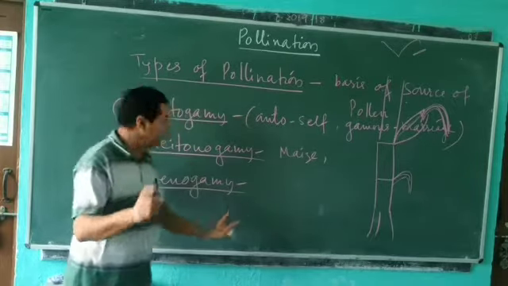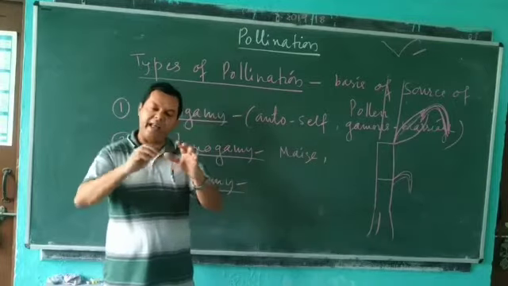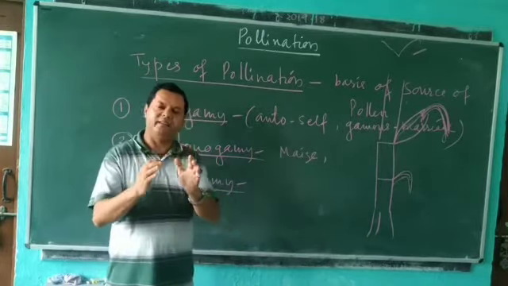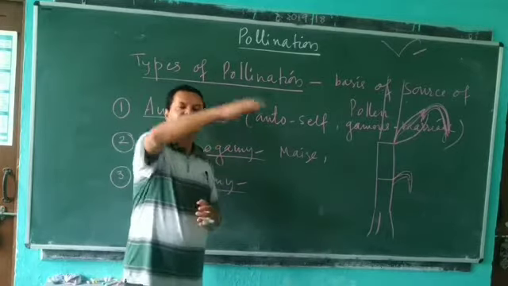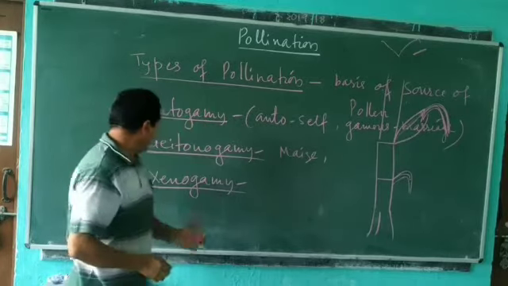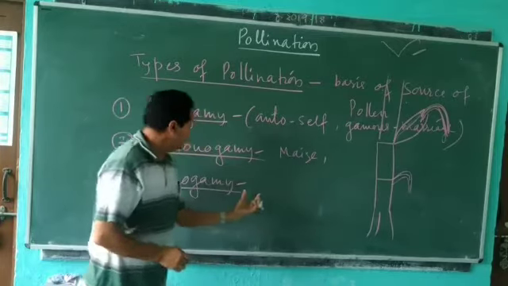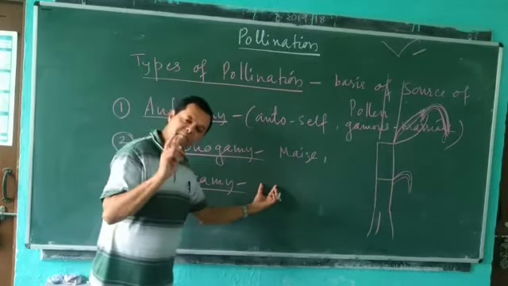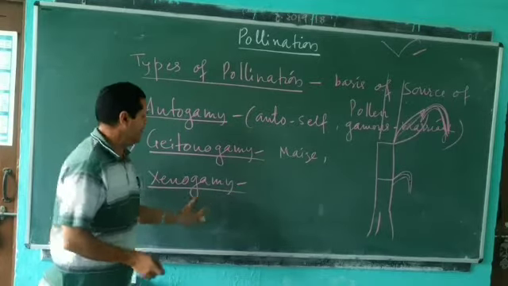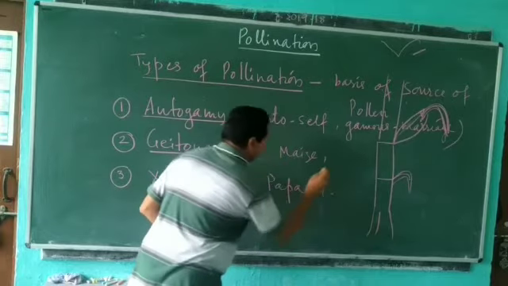When the transfer of pollen grains from the anther of a male flower produced in a plant takes place to the stigma of a female flower in a separate plant, it is known as xenogamy. The process of transfer of pollen grains from a male plant to a female plant is known as xenogamy. The best example here is papaya.